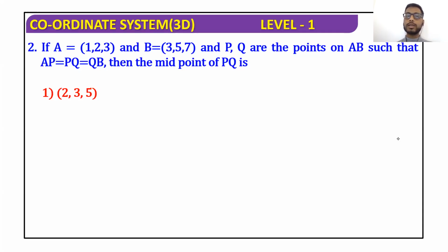So is there any other approach from which I can get the value of the midpoint of PQ? Yes. In the second approach, the necessary condition that was given to us is AP is equal to PQ is equal to QB. From this condition, I can say that the midpoint of PQ is also equal to the midpoint of AB.